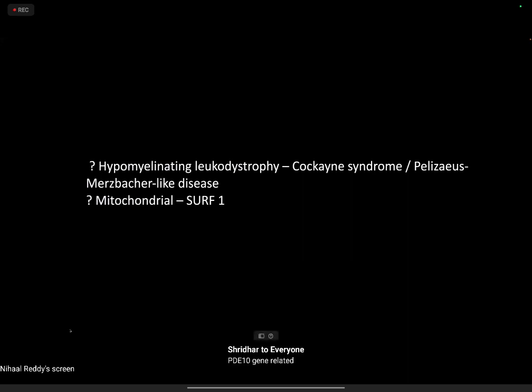As far as I reckon, it doesn't fit into mitochondrial cysts. They usually have more cavitatory changes rather than cystic changes. And spectroscopy is not definite, but there should have been some degree of lactate on the MRS. Go back to the pictures, Neha.